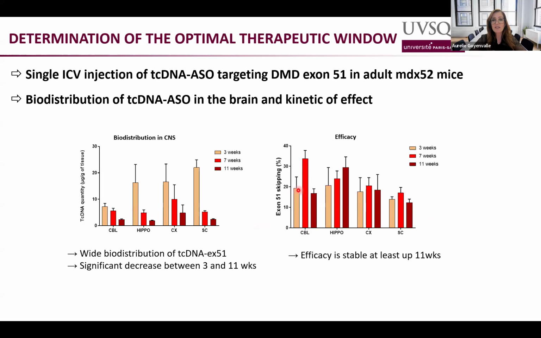Between 3 weeks and 11 weeks, the levels are about 20-25% of exon skipping. This is interesting because it suggests that the productive fraction of oligonucleotides is actually stable, and the part that is eliminated and decreased is likely the unproductive fraction.